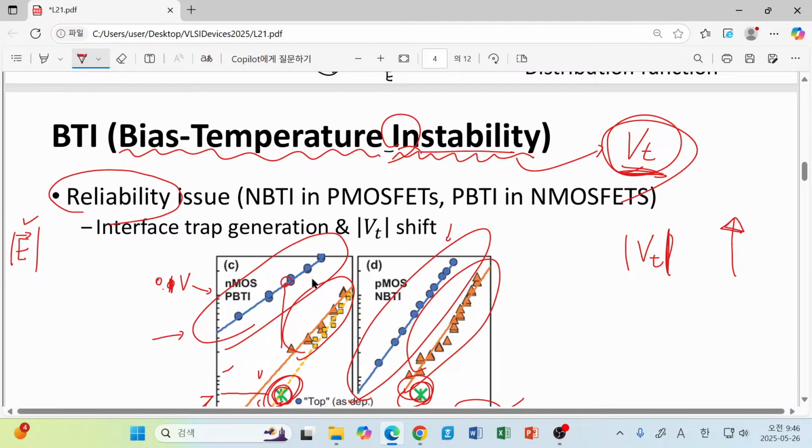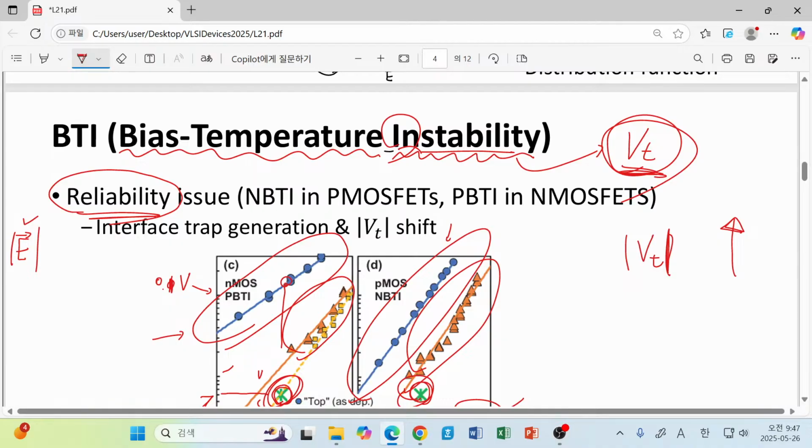So reliability is typically very difficult to detect, because it is only detected 10 years later. You sell your chips, and after 10 years, or a few years later, your chips start to fail. Then what will happen? It is very difficult to imagine the business loss.